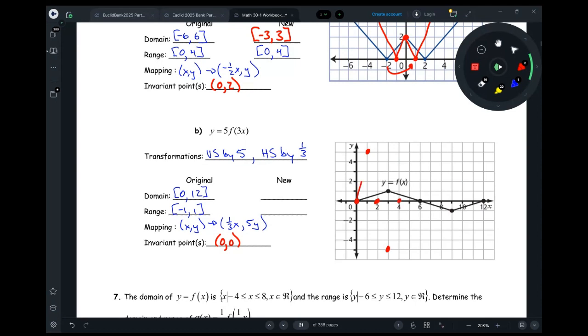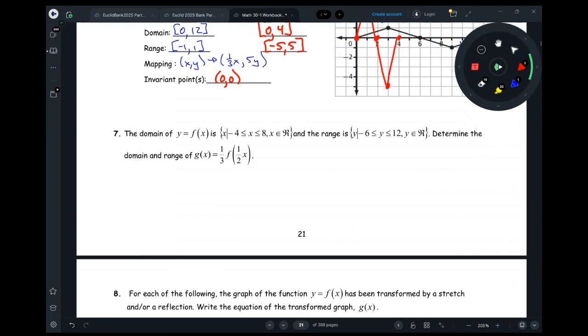So when I draw that out, yeah, I'm getting a graph that's a lot closer to the y-axis and then a little spread out from the x-axis here. So my new domain is going to be from 0 up to 4, and my new range is negative 5 out to 5. Okay, and that's what that's going to look like.